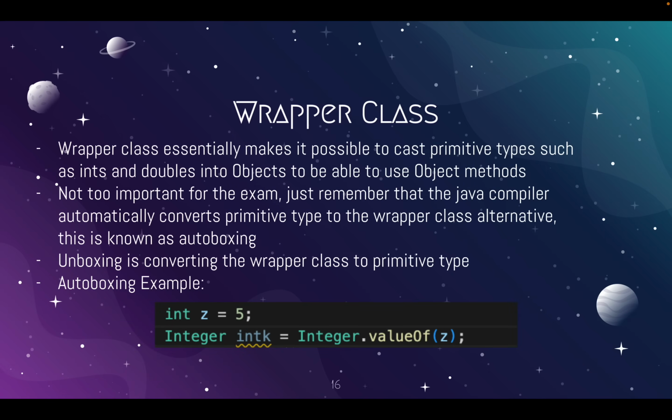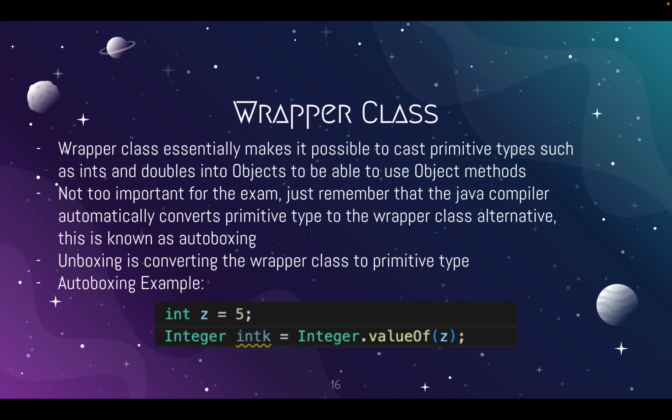Now I'm going to go over the wrapper class. Okay, so the wrapper class, what it does is it makes it possible to cast primitive types such as ints and doubles into objects to be able to use object methods. It's not too important for the exam, but remember these few things. The Java compiler automatically converts primitive types to the wrapper class alternative, and this is known as autoboxing.